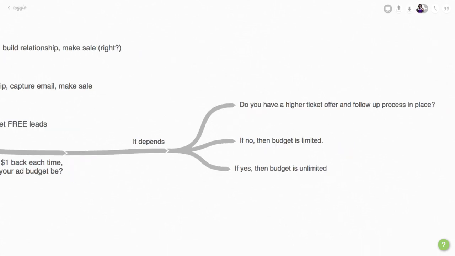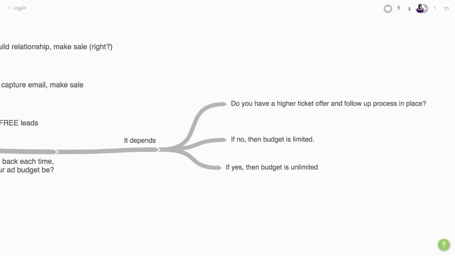It's going to depend on if you have a higher ticket offer and a follow-up process in place. If you don't have a higher ticket offer, then your budget is limited. Because why would you just spend $1 to make $1 and then that's where everything ends, right? But if you do have a higher ticket offer and a follow-up process in place, then your budget is unlimited.